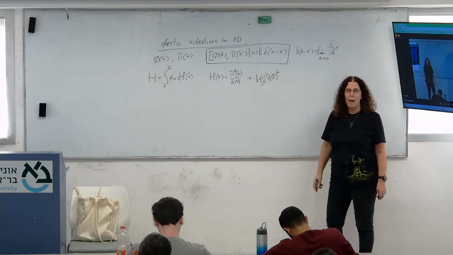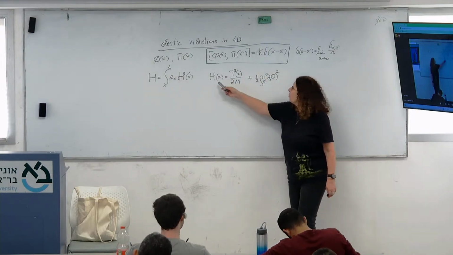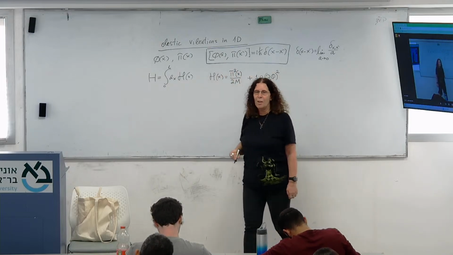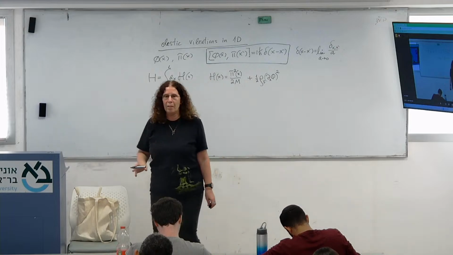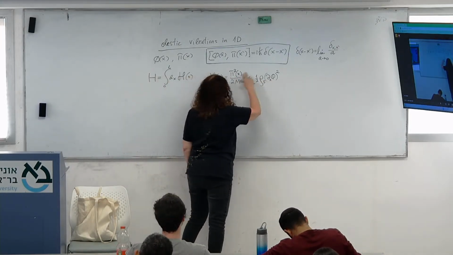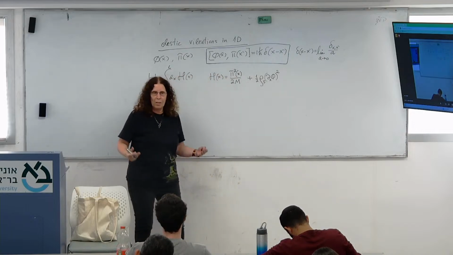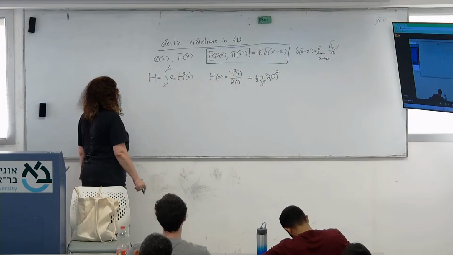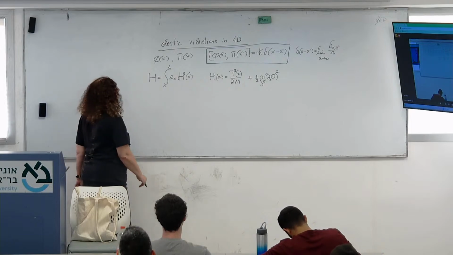That's where we arrive. I'm not putting hats on the quantities, but these are all quantum operators. And in the Hamiltonian, pi and phi are non-commutative objects, so that's why it's a non-trivial quantum operator.